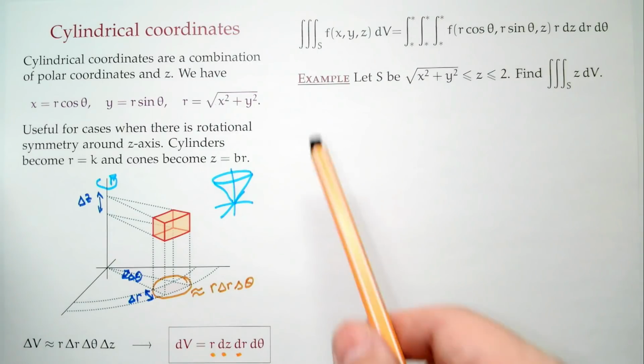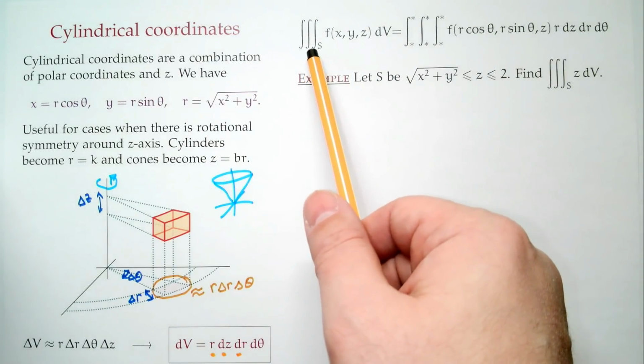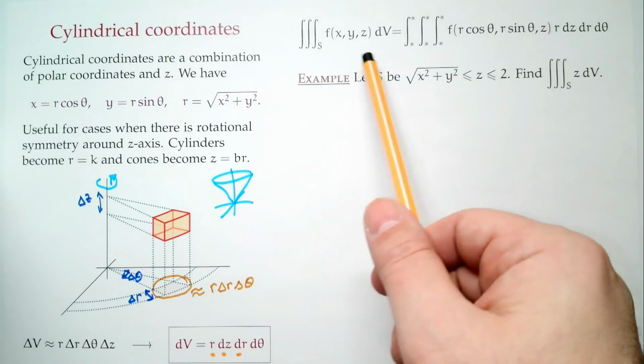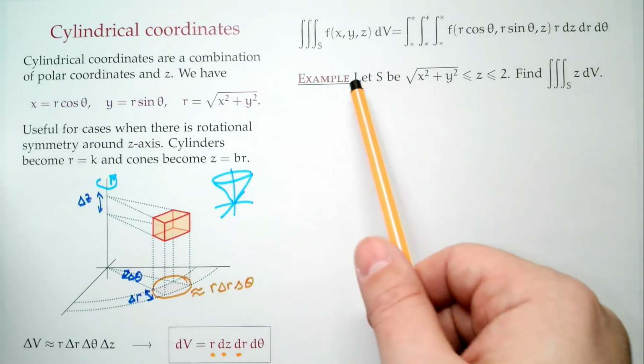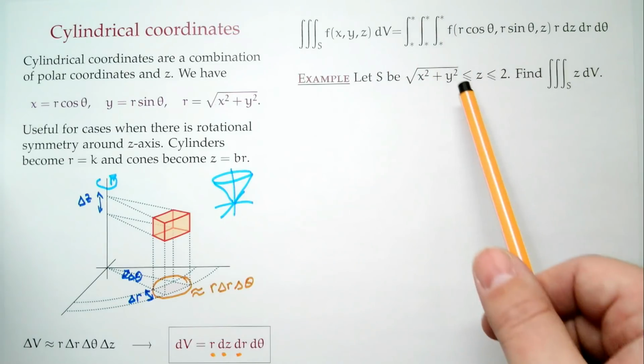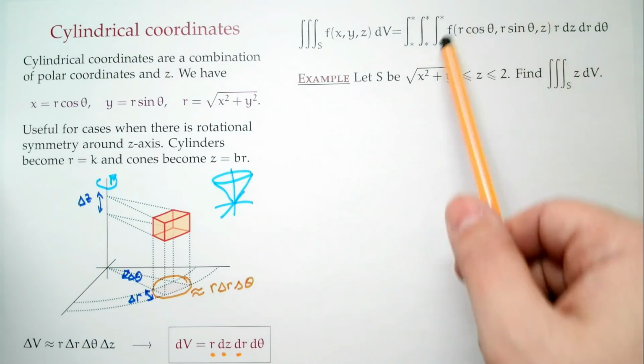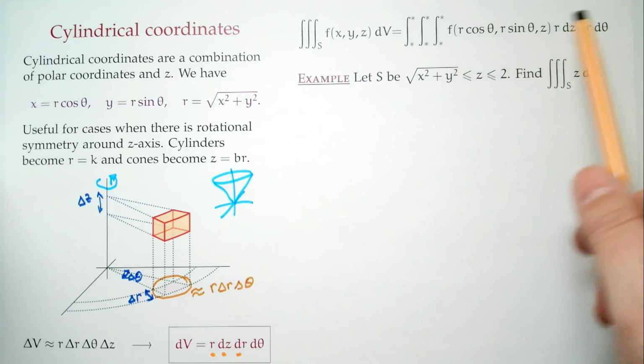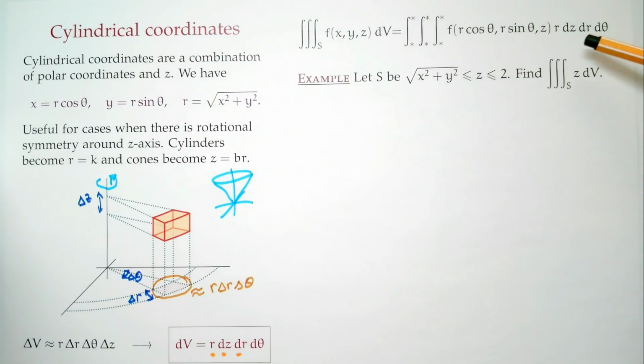Now in general, if I want to integrate over some solid S of some function dV, I need to update the bounds, update the function, and remember that dV becomes r dz dr d theta. You'd probably almost always want to stick with dz dr d theta. That's just a go-to ordering. If you ever have cylindrical coordinates, dz dr d theta is the natural way to build things up.